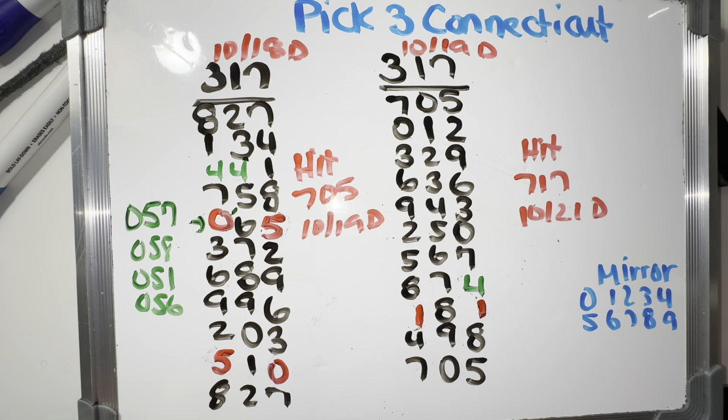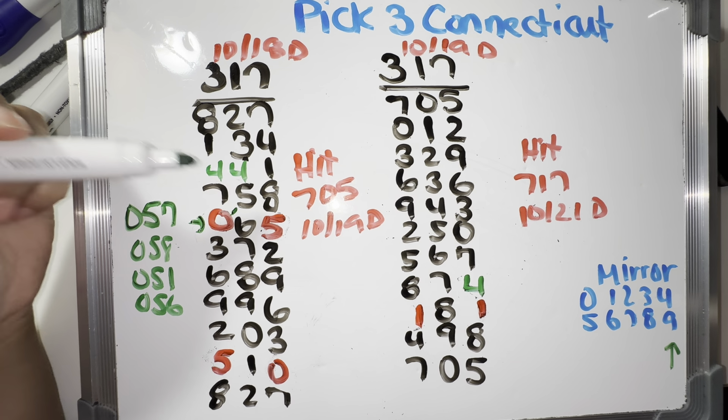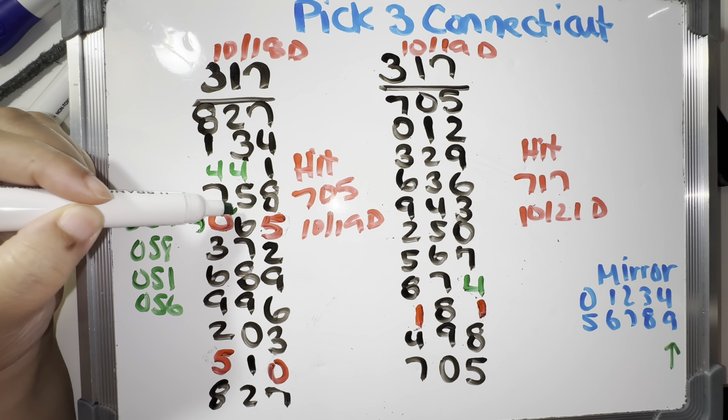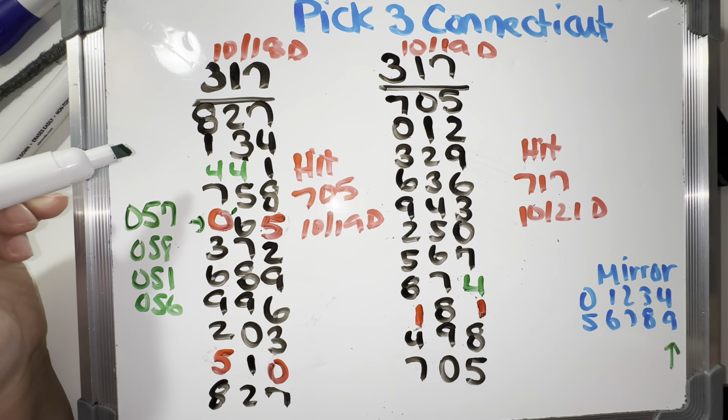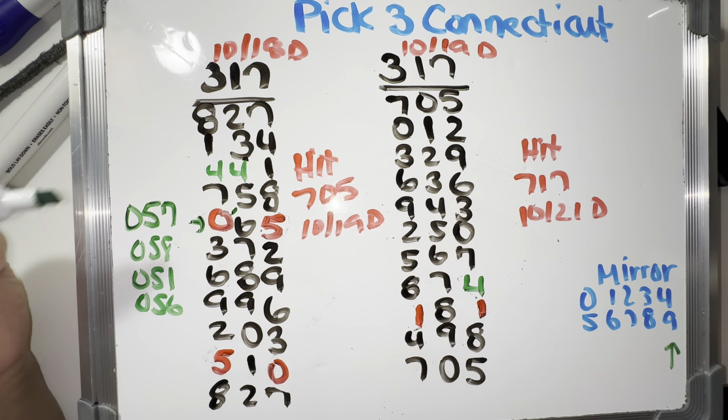Now, there is a special digit I've noticed that the third number touches, and that's either your 4 or your 9. So if I see that 0 and 5 are my first 2 digits, and I'm looking for it to hit that 4 or 9, I'm going to look at that 7 real hard, okay?